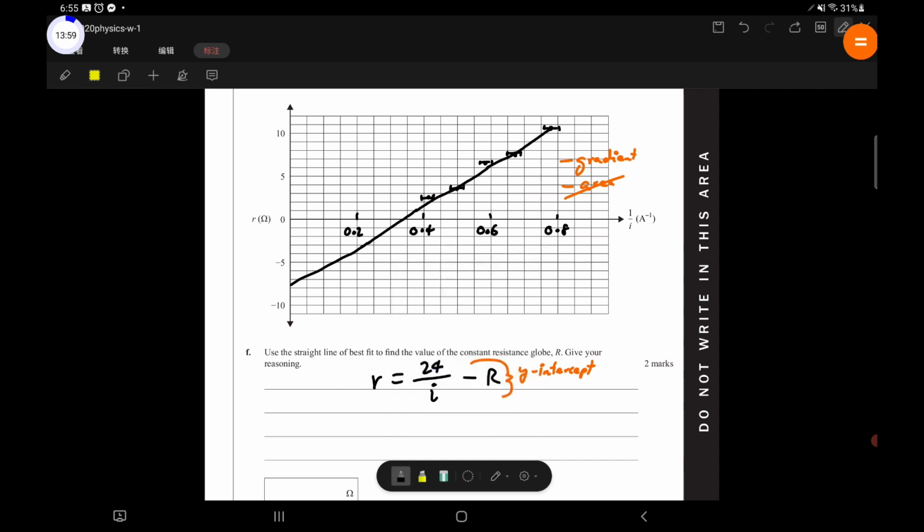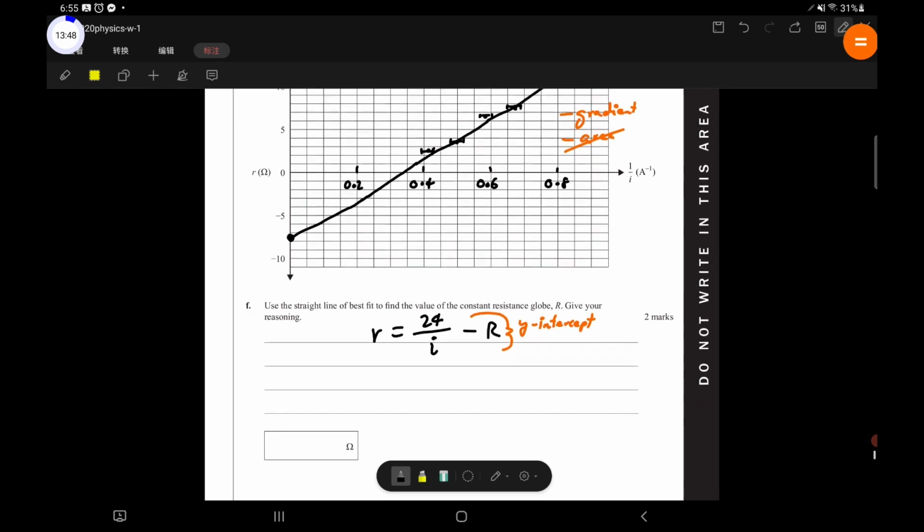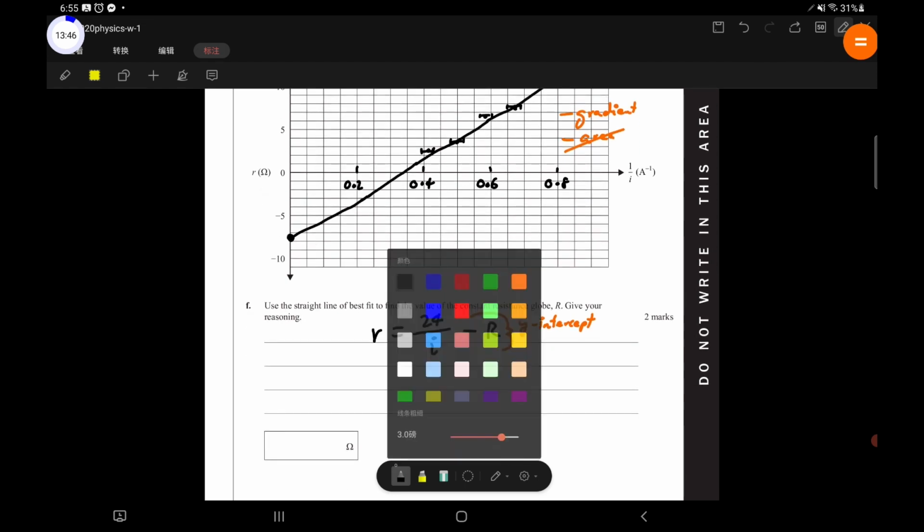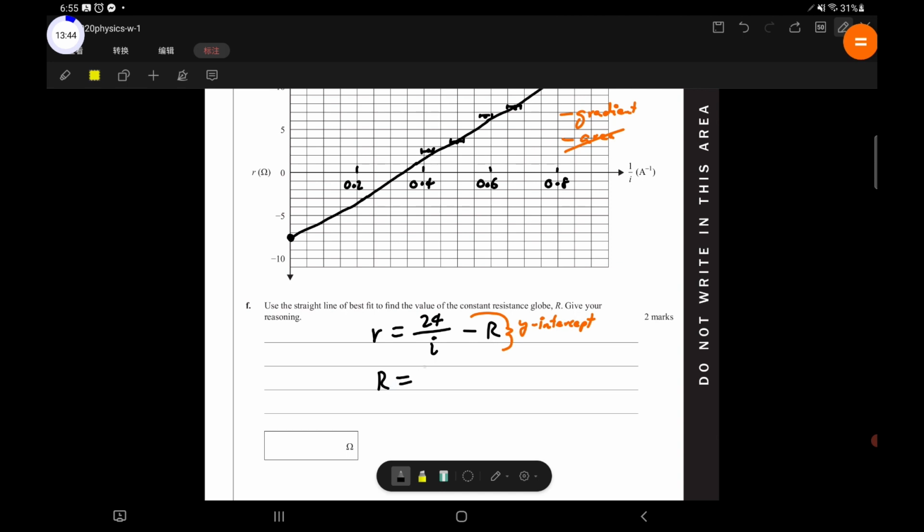And so I can just pinpoint this value. I try to approximate what it is, at least try to get the answer around the ballpark. Right? And so then that will give me my value of R. So R is equal to, in this case, around 7.5 ohms, which is the resistance from the y-intercept of the graph.